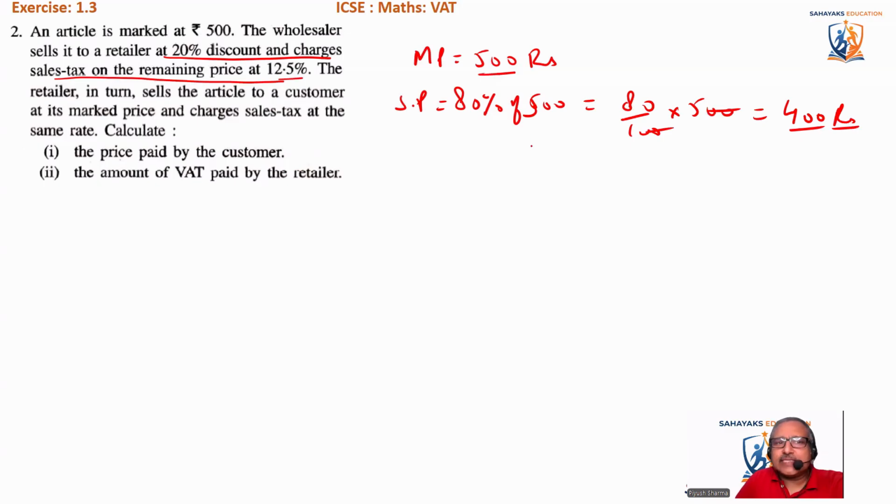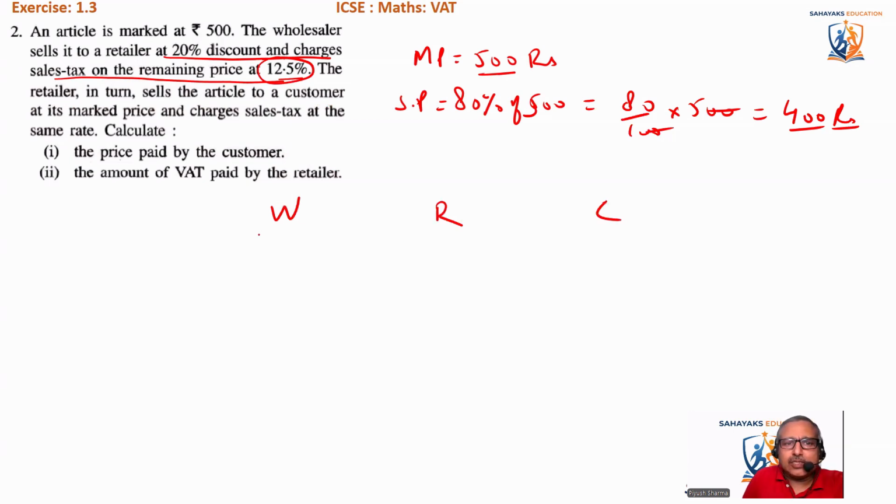Now 400 rupees was a selling price, right? But the customer has to pay 12.5% sales tax or GST on this. The retailer in turn sells the article to a consumer. So basically this was a wholesaler, then we have retailer, and then we have customer.